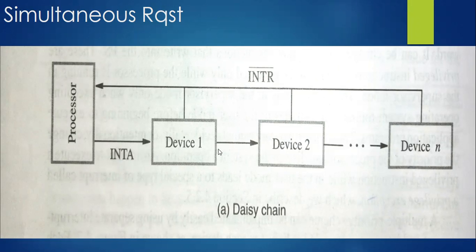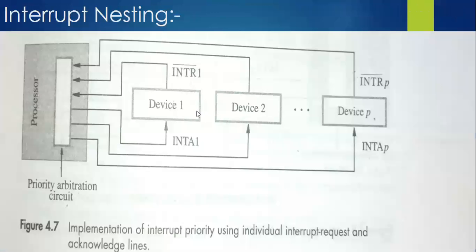If device 1 wants to block the acknowledgement, he can; otherwise he will let it pass. Device 2 can also block the acknowledgement if he wants. Then the last device has to wait for all the devices to release the acknowledgement. If that happens, we cannot achieve the expected system performance.